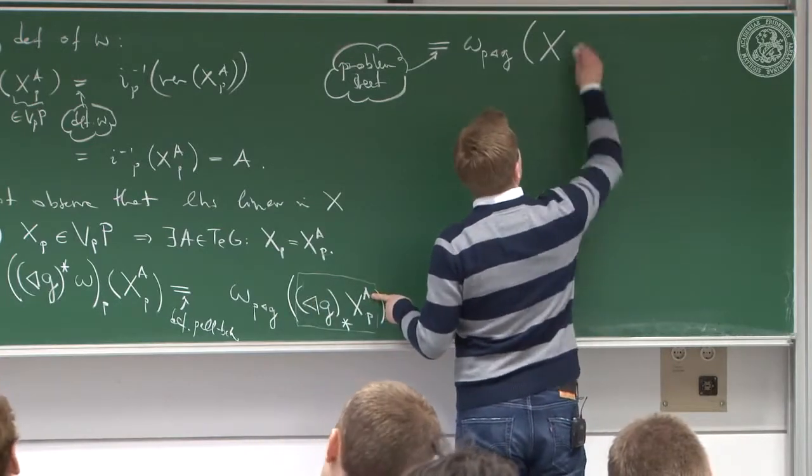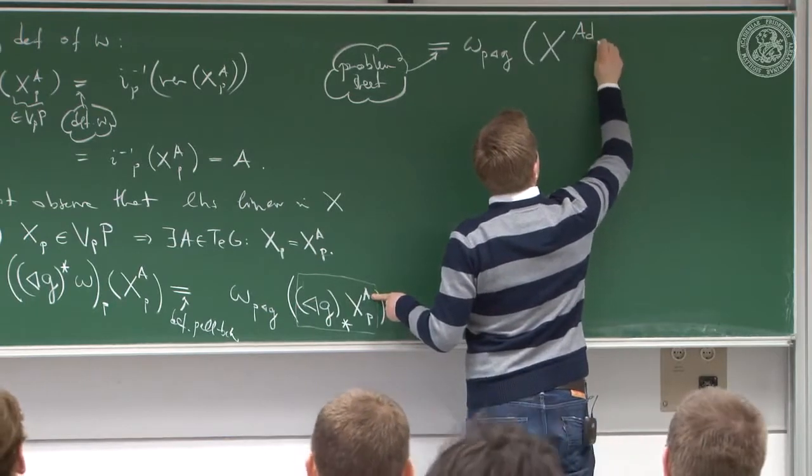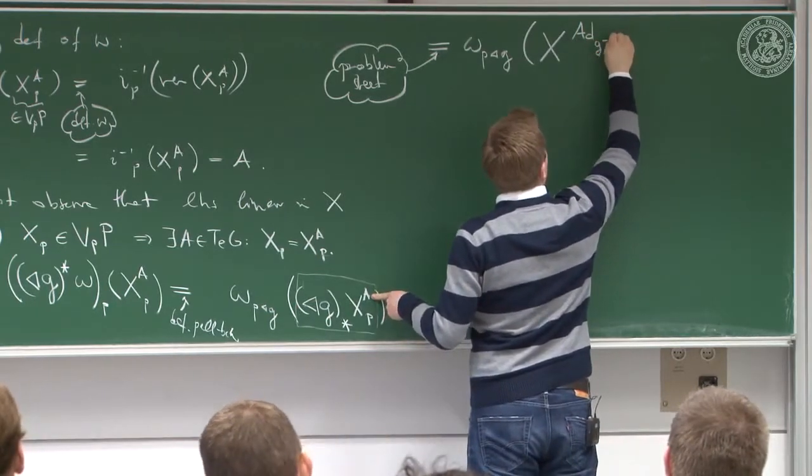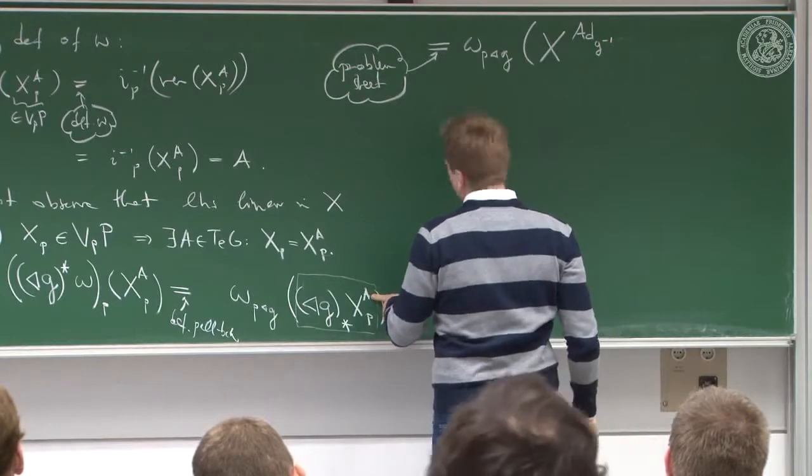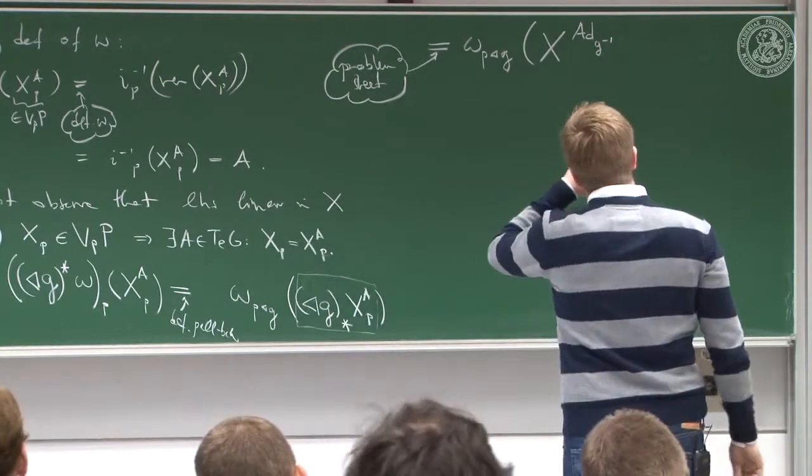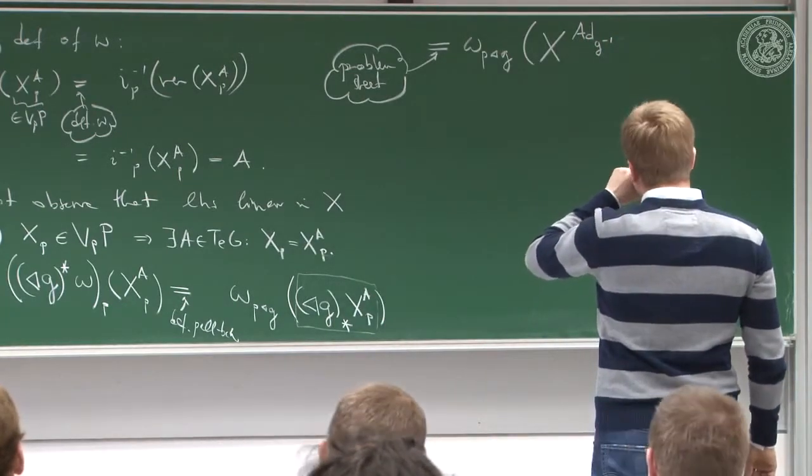In fact, it's generated by add G inverse, hang on, how did this work?